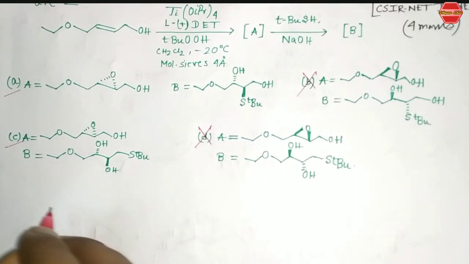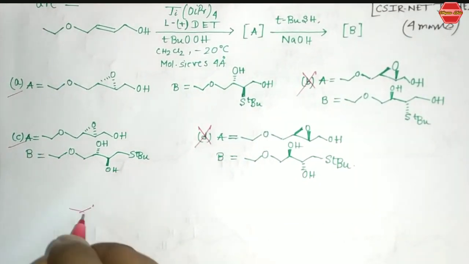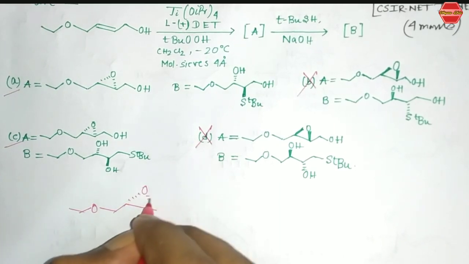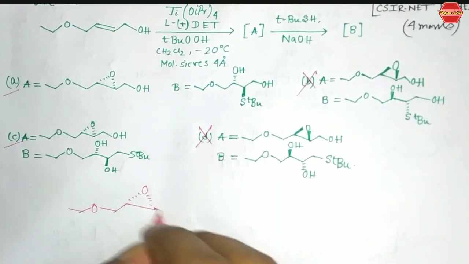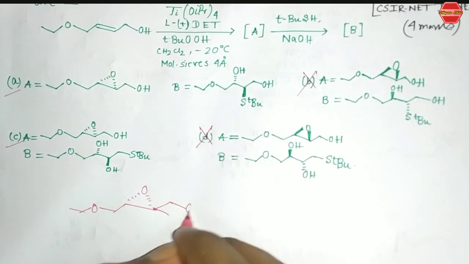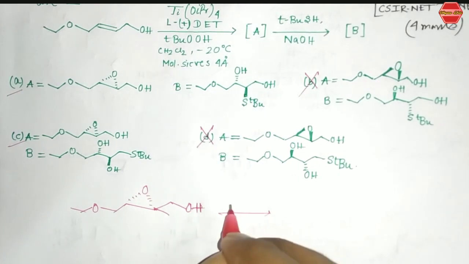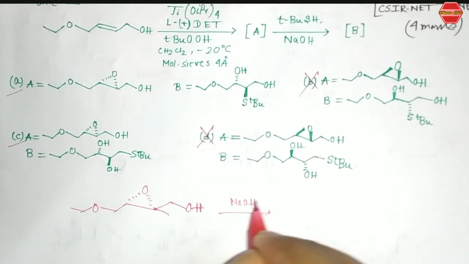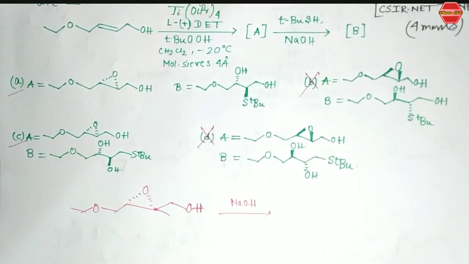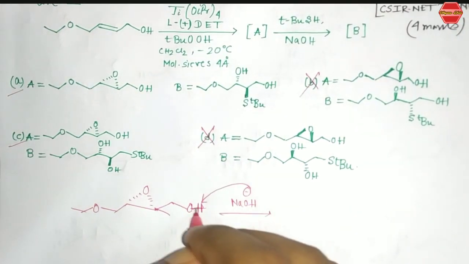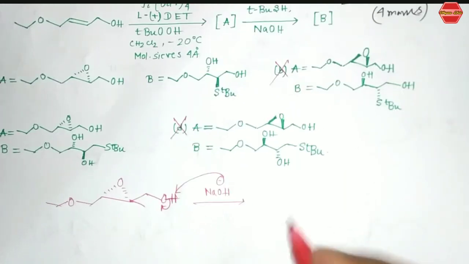So we are getting this one, right? So this is our OH. Okay, now when we use the NaOH in this reaction mixture, what will be our product? This OH minus generally takes a proton just because it is acidic, and this is our O minus.